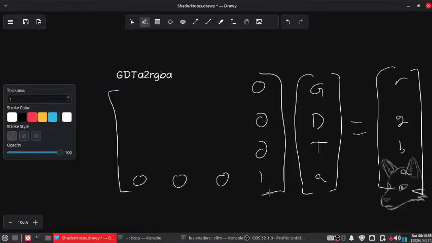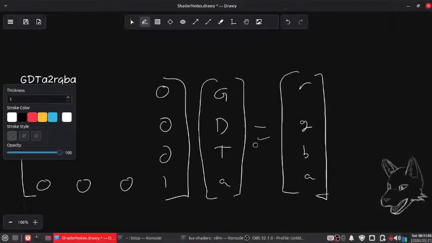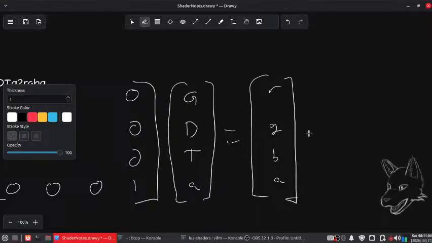Right. And this is equal to this, what is it, minus 0.5. Right.